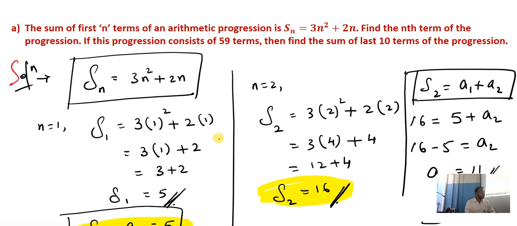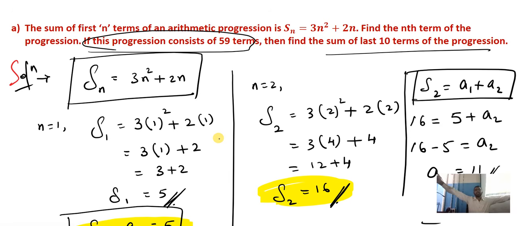Find the nth term. After that, what are they saying? If this progression consists of 59 terms, if you take the n value as 59, what answer will you get? First you have to write the answer in the form of An. After writing, if the progression consists of 59 terms, then find the sum of the last 10 terms.